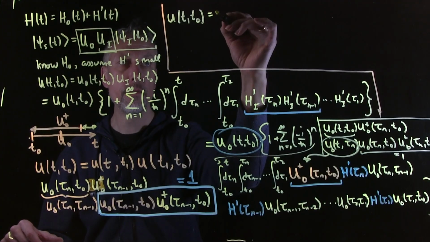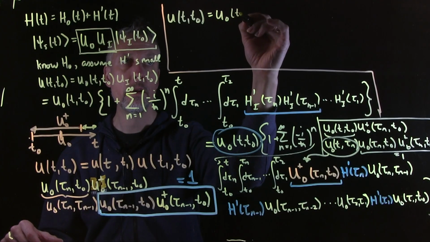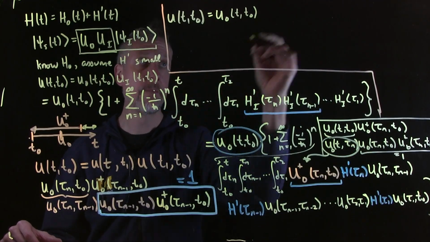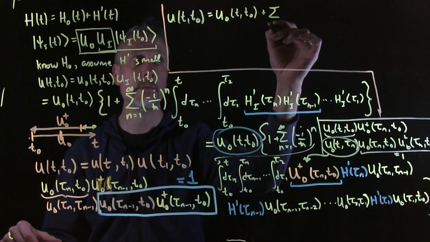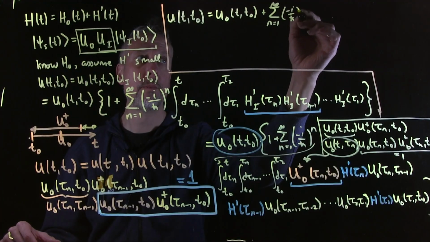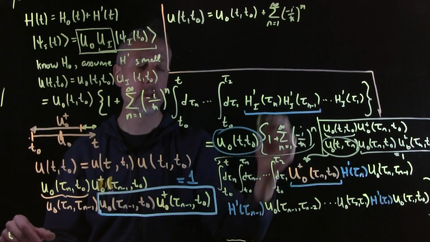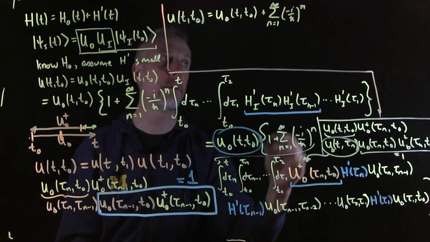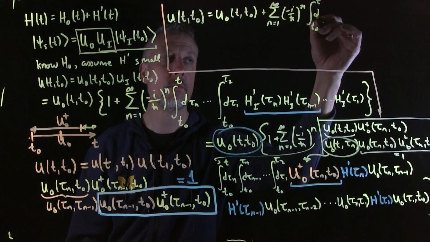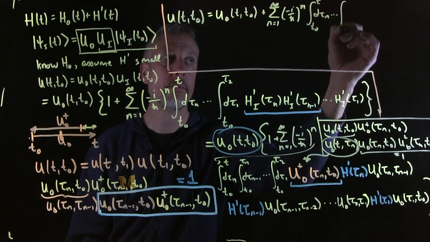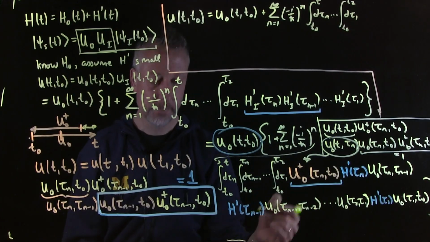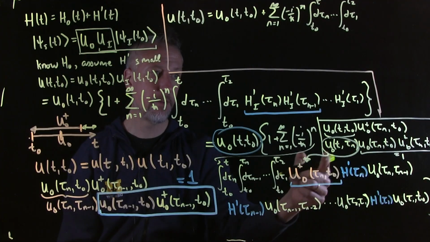All right, so we have U naught, t naught, because of the 1 here, and then we're bringing this in, plus the sum, right, and then we have all of our integrals. Okay, and then we have our last term.